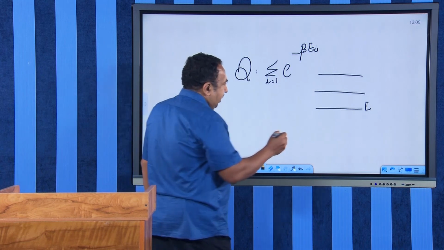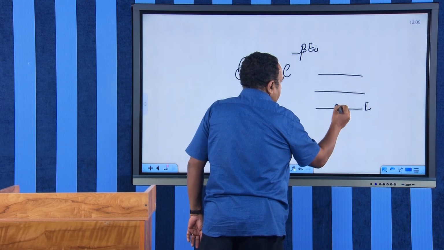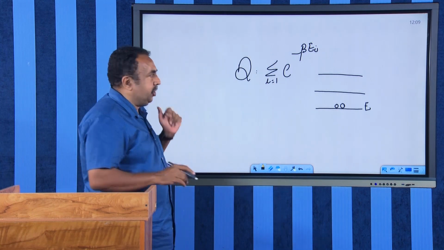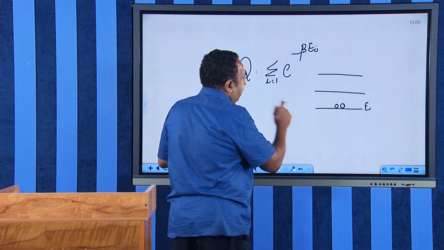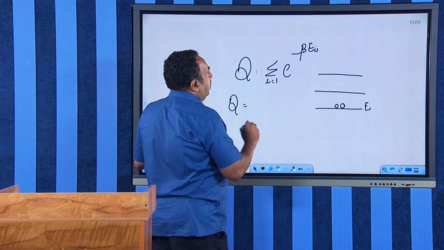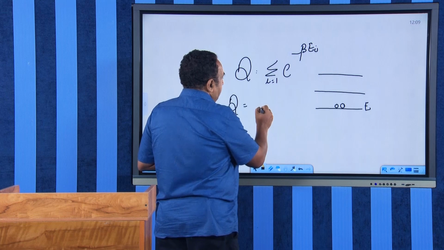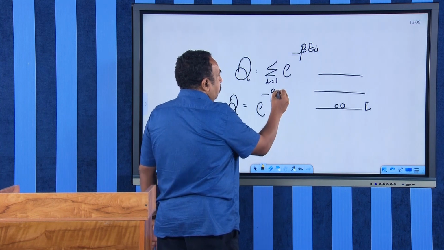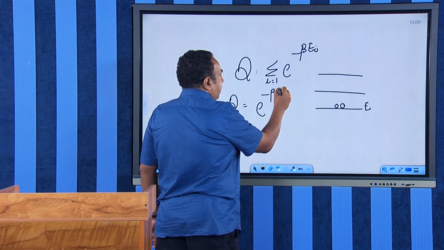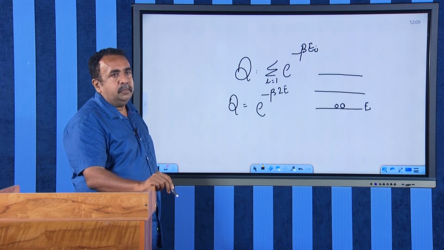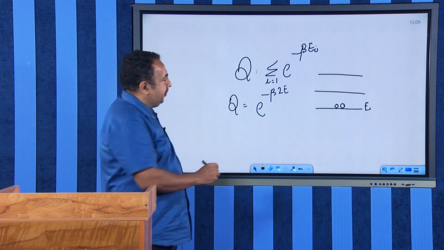Instead of that, if I take two particles in the same state, then the total energy is given by only one state. Therefore, there is no need for a summation. Your equation will be e raised to minus beta into 2E.